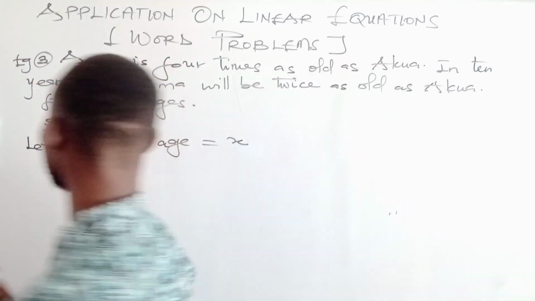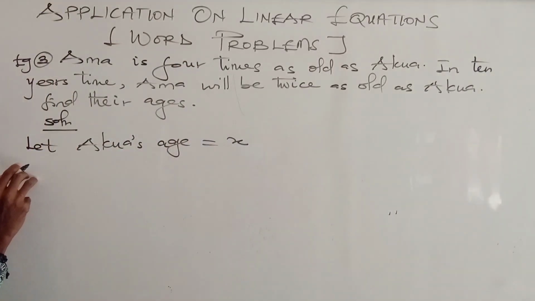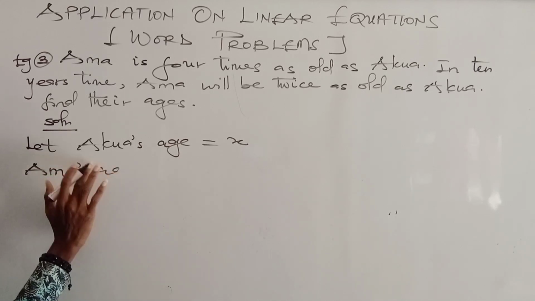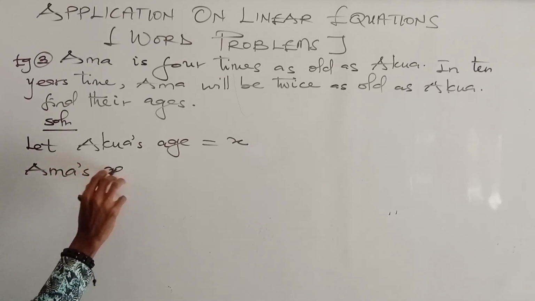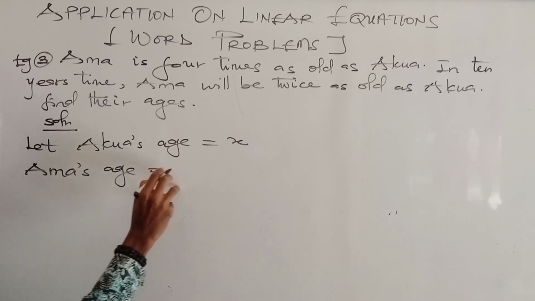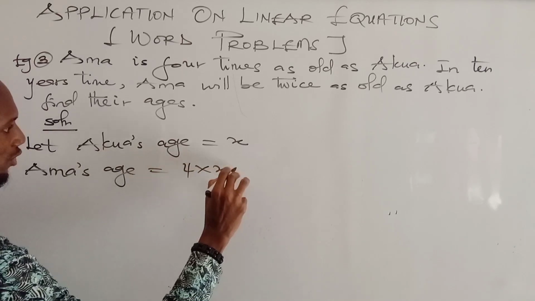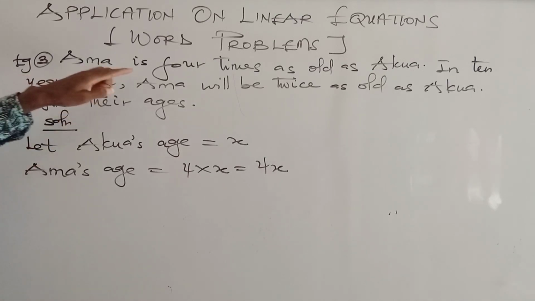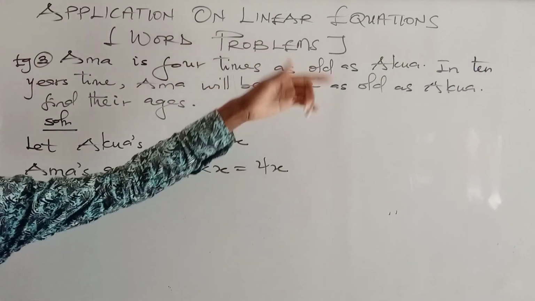So let's do that. Then we will know that Amma's age will be equal to 4 times S, which will give us 4S. I hope you understand and you agree with me, because it's saying that Amma is 4 times as old as Ikea.